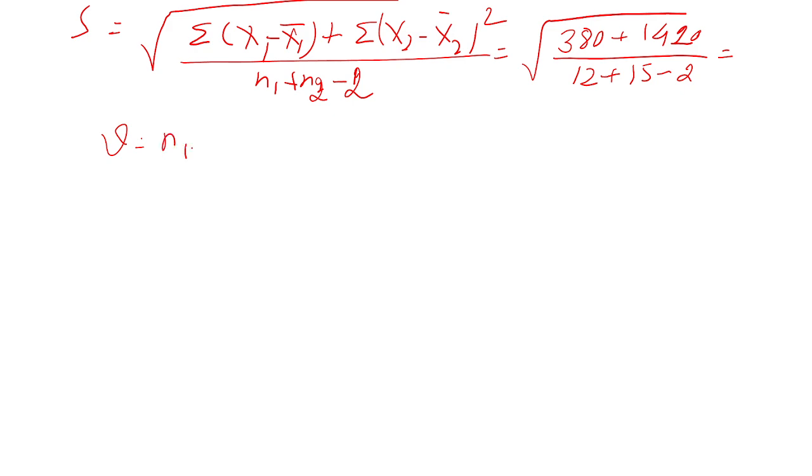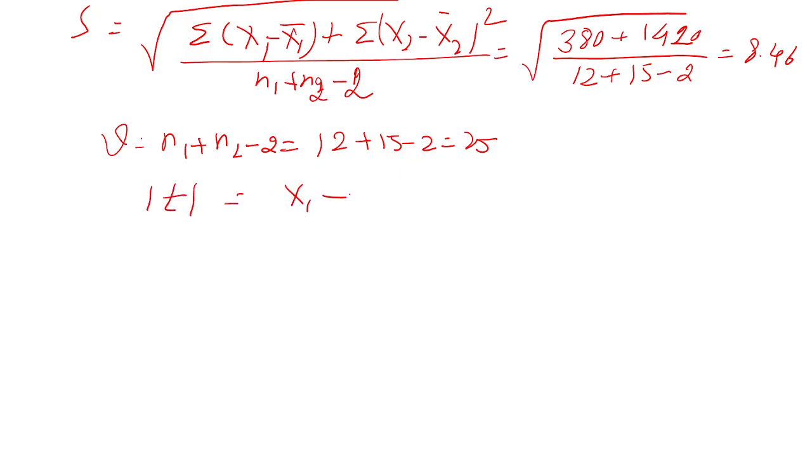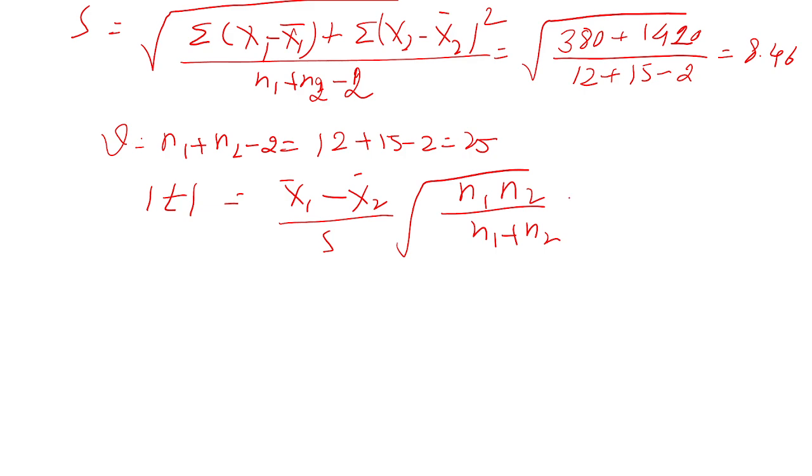Degree of freedom will be n1 plus n2 minus 2. S is actually 8.46. So now for the T statistic we'll take x1 bar minus x2 bar, which is actually a modulus, so it's not going to be a negative value, divided by S times the square root of (n1 plus n2) by n1 n2.